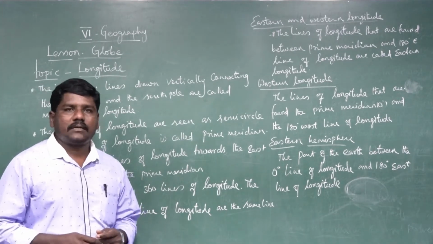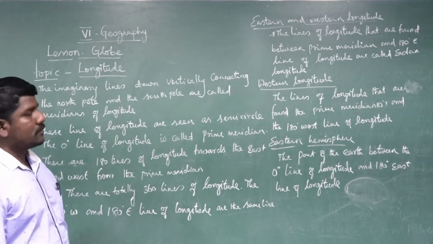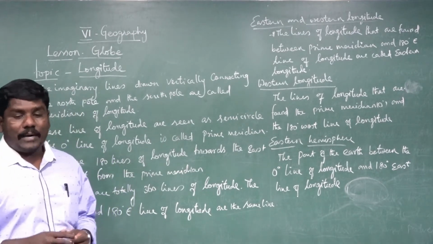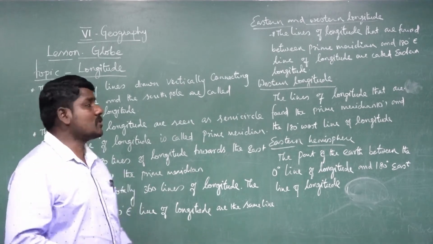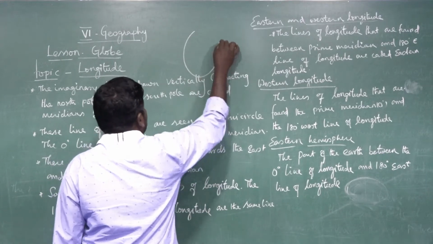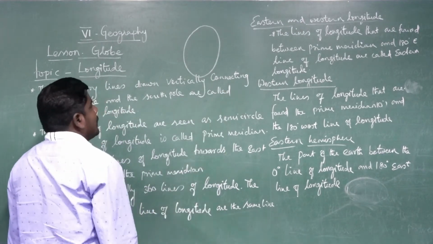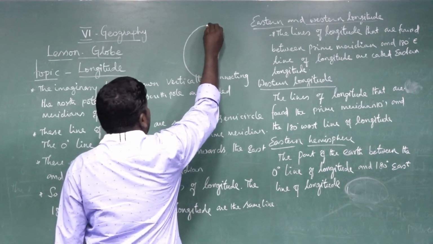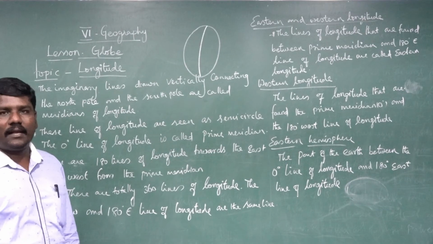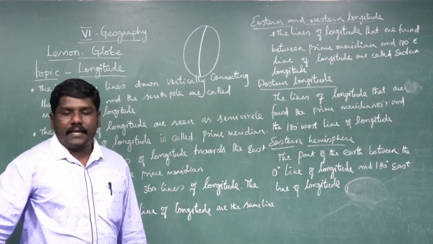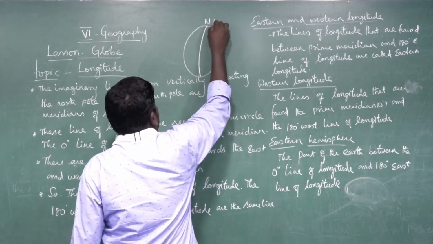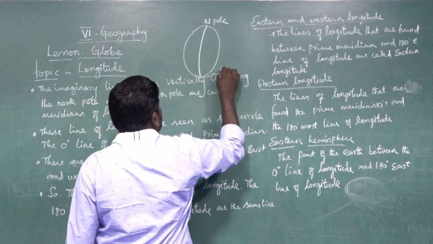Now we are going to discuss the topic longitudes. What are longitudes? They are imaginary lines drawn vertically, connected to the North Pole and South Pole.